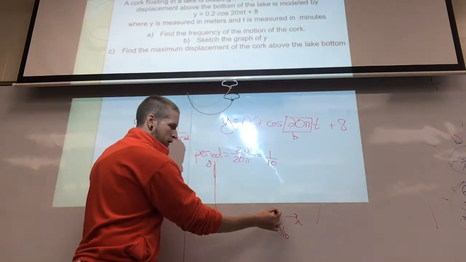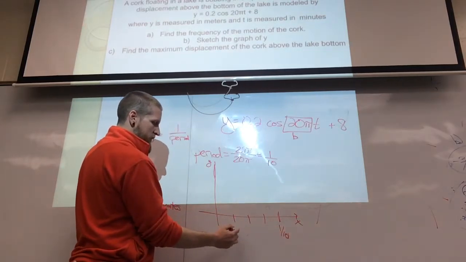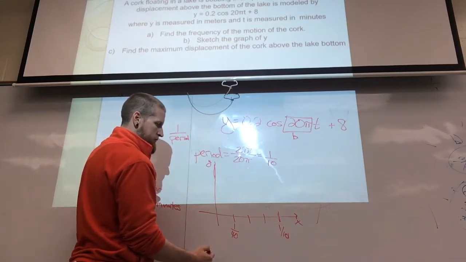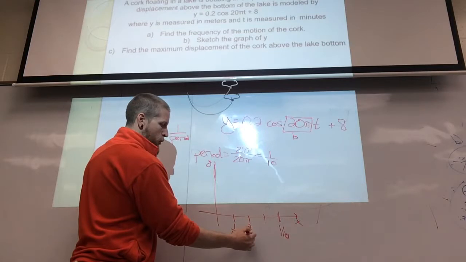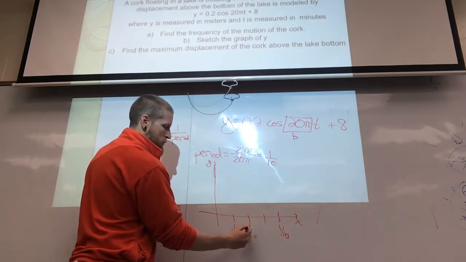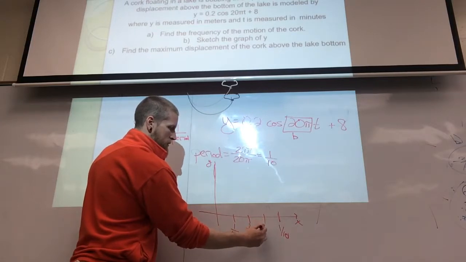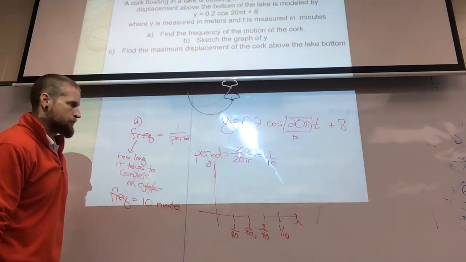One period is the mark that's out here, that's 1/10. The first mark is 1/4 of that, so it'd be 1 over 40. This would be 2 over 40, but you always want to write these reduced, so that's 1 over 20, and then that's 3 over 40, and that's 1 over 10.